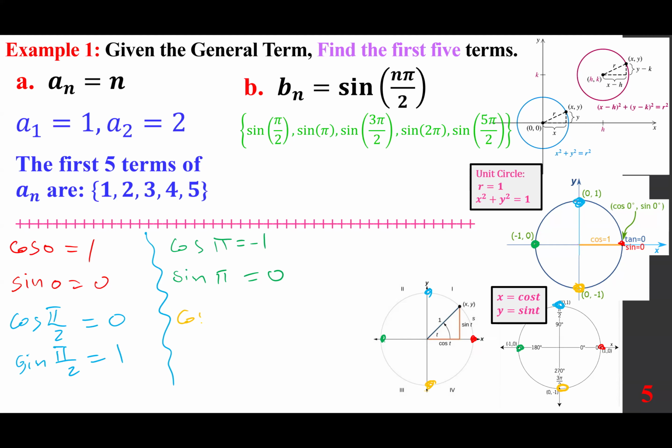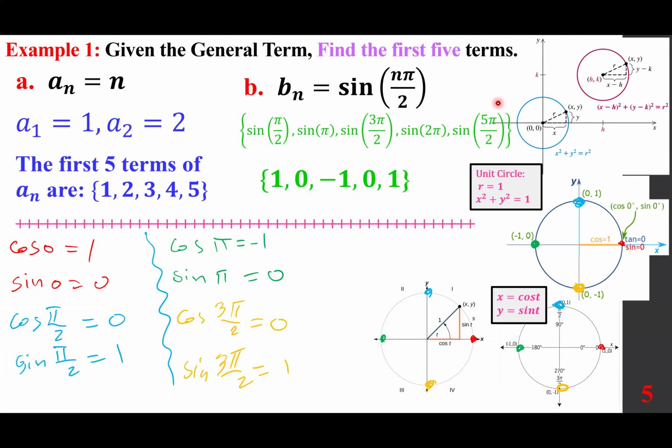Therefore, cosine of 3 pi over 2 is 0, and sine of 3 pi over 2 is -1. And again, remember 2 pi is a complete revolution, takes you back to 0. And as I mentioned, 5 pi over 2 takes you to pi over 2.